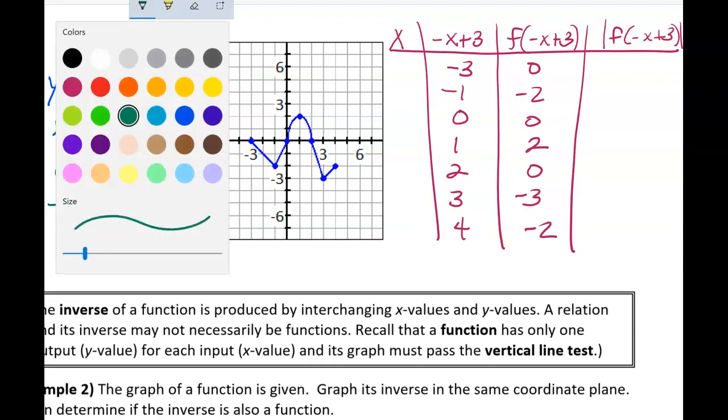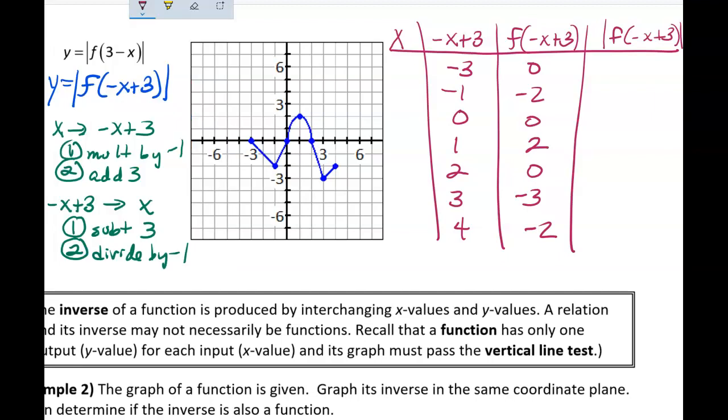Okay, let's take care of those x values first. So in order to go from the negative x plus 3 value to the x value, we'll have to subtract 3 and then divide by negative 1. So negative 3 minus 3 is negative 6. Divided by negative 1 is the opposite value. And then negative 1 minus 3 is negative 4, and we'll take the opposite. 0 minus 3 is negative 3.